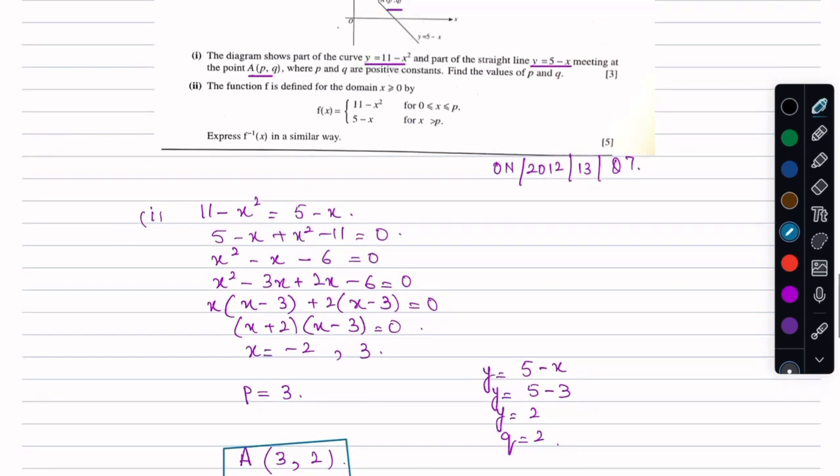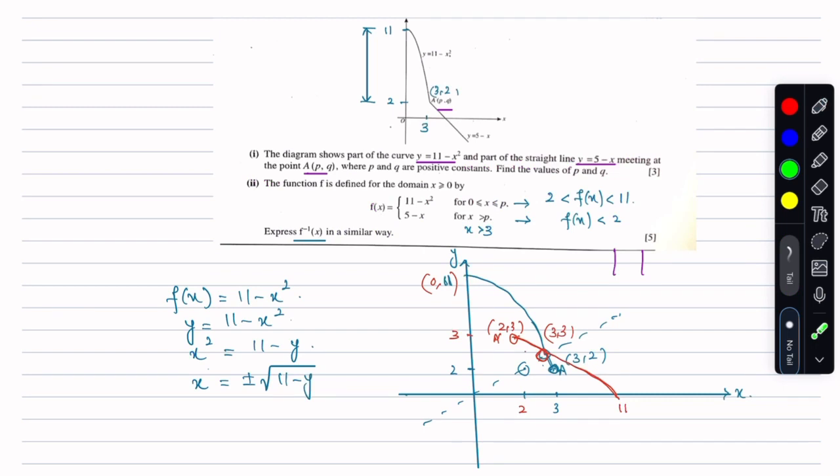The second part of the question says the function f is defined for the domain x greater than or equal to 0 by I. So for the first part, if the function is 11 minus x squared defined from 0 less than or equal to x, which is less than or equal to p, and in this case we already have the value of p, which is 3, then it means that 11 minus x squared is represented for the domain 0 till 3.